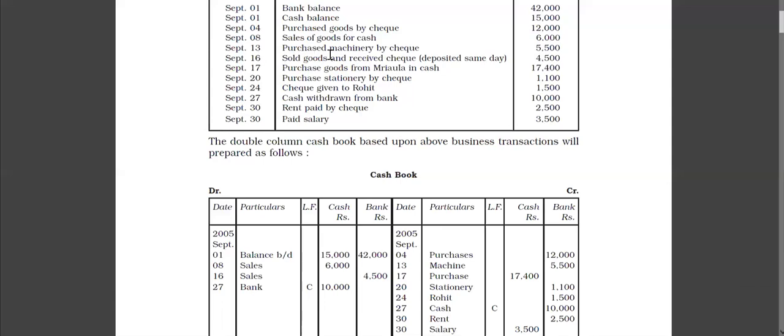Machinery account debit to bank. Here bank is credit side, so in the credit bank column write 5,500 by machinery.